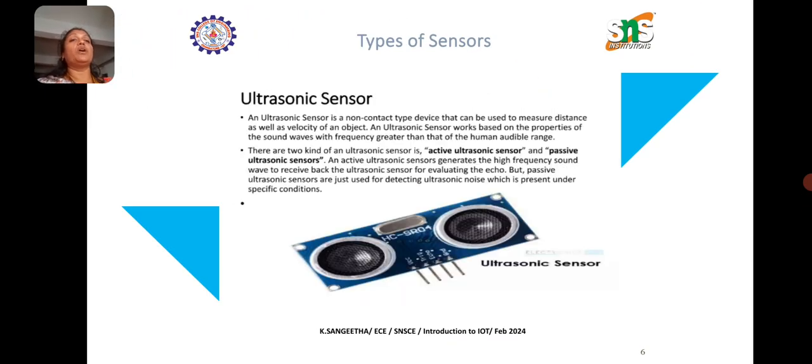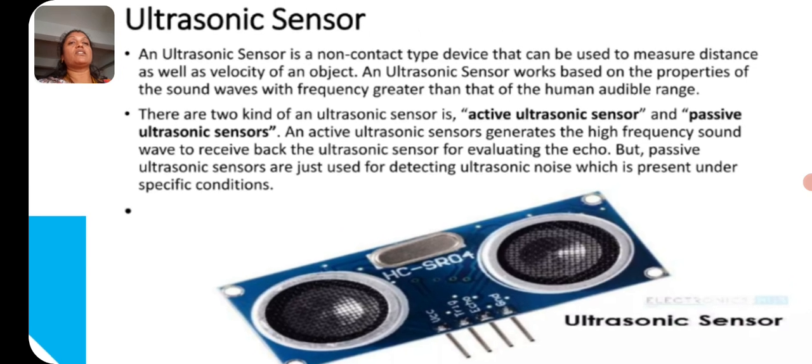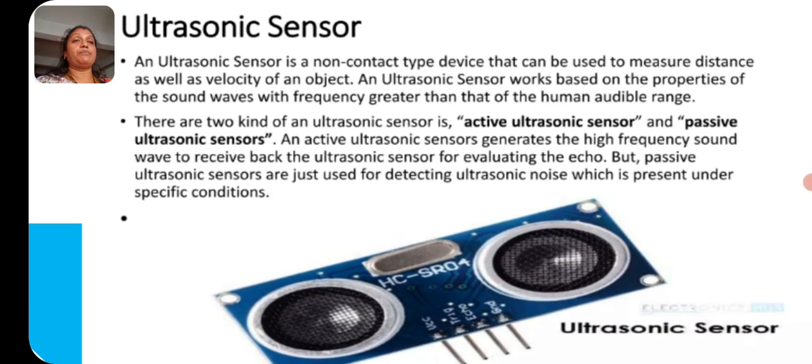Next, we will move on to the ultrasonic sensor. An ultrasonic sensor is a non-contact type device that can be used to measure distance as well as velocity of an object. An ultrasonic sensor works based on the properties of sound waves with frequency greater than the human audible range. There are two kinds of ultrasonic sensors, that is active ultrasonic sensor and passive ultrasonic sensor.